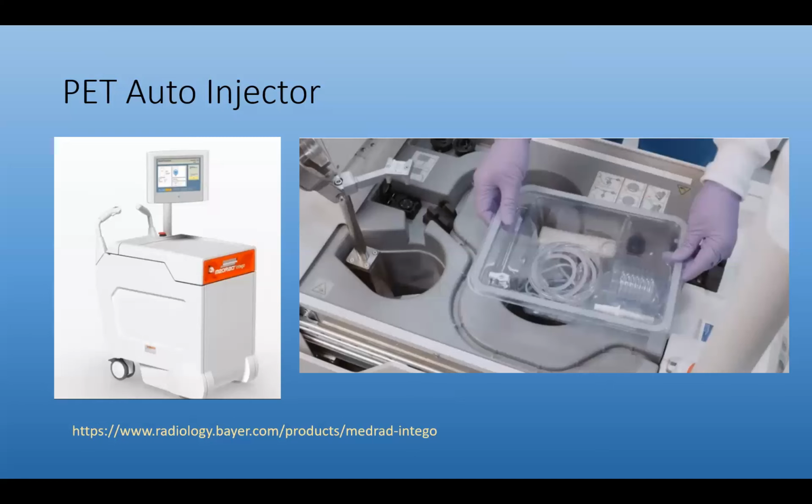Here's the website here. If any of you are interested, you can go on, and this is actually a video that shows you how to set it up and how it works. Some of you may have already learned this if you've gone for your PET rotations.